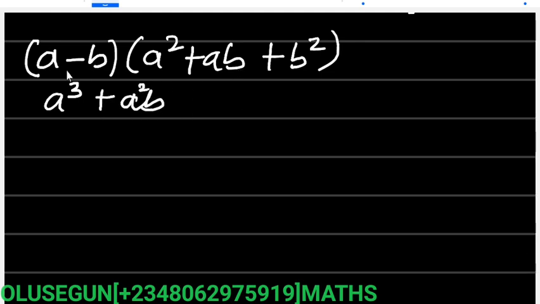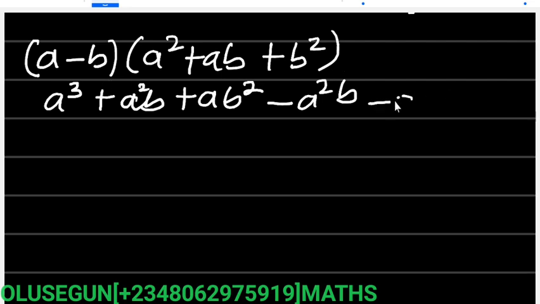A times this, we have plus ab square. So let's start from b. Minus a square b. Minus b times ab, we have minus ab square. So minus b times plus b square, we have minus b raised to power 3.